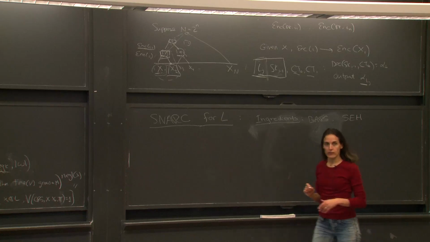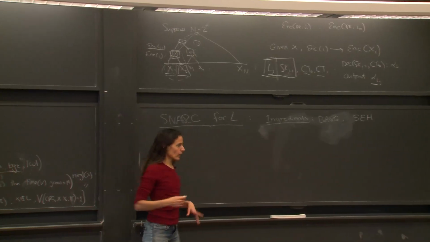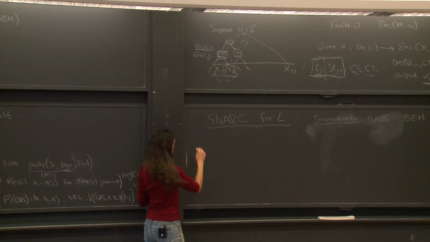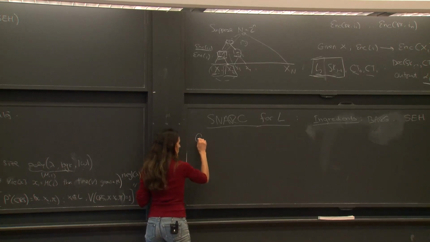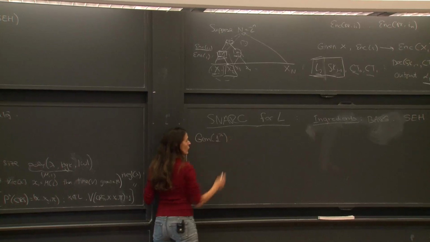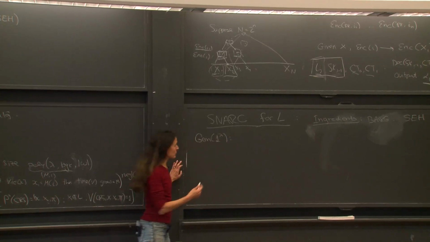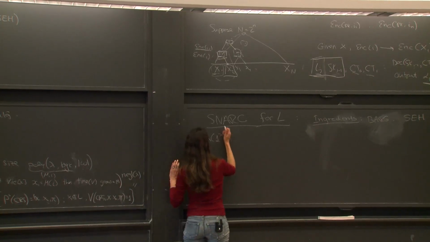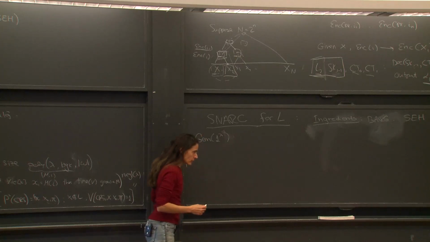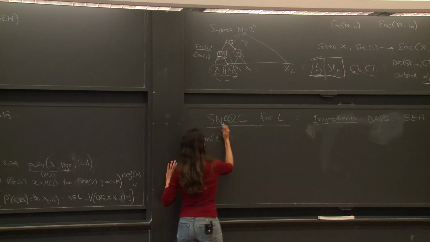These are my ingredients, and I'm going to show you my SNARG. Okay, so a SNARG has 3 algorithms. We have a Gen algorithm, and here's what my Gen algorithm is going to do. Let's say the Gen also has an input length.